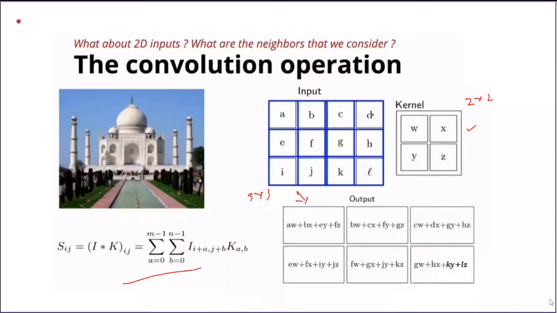The pixel values of this image are A, B, C, D, E, F, G, H, I, J, K, and L. We are taking a 2 cross 2 kernel with values W, X, Y, and Z. Here it is considering only these 4 neighbors, and we are calculating the weighted average of these 4 neighbors to form a pixel in the convolved image. After this convolution operation, you will get an image, and that image is what we call the activation map.